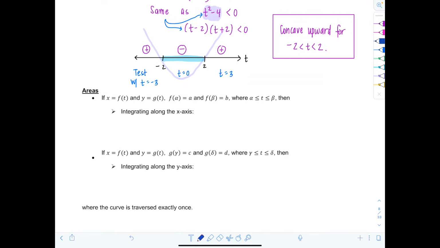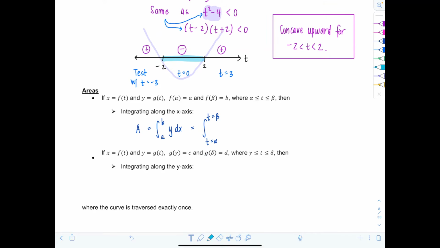Then if you're integrating along the x-axis, the area is equal to the definite integral from a to b of y dx. And then you're going to end up actually evaluating this whole integral in terms of t with respect to t. So then you would have t equals alpha to t equals beta as your limits of integration.